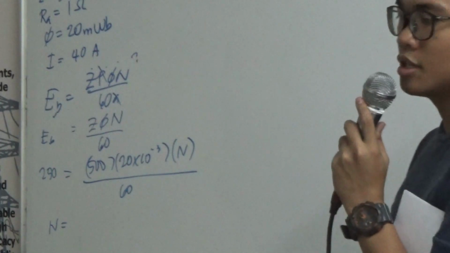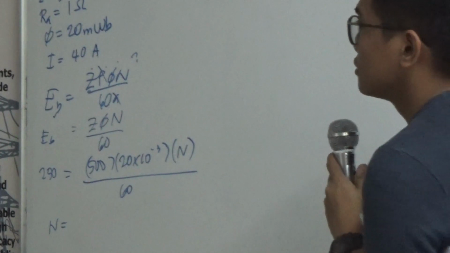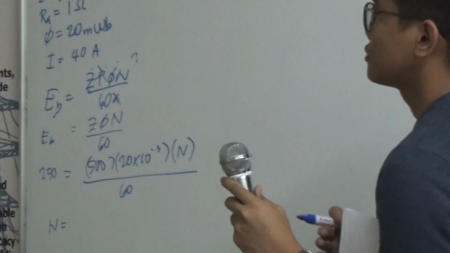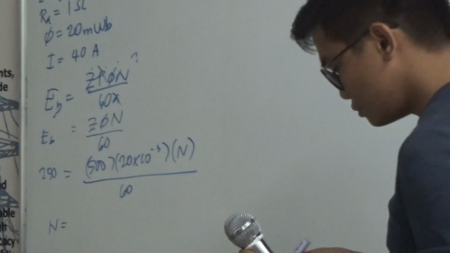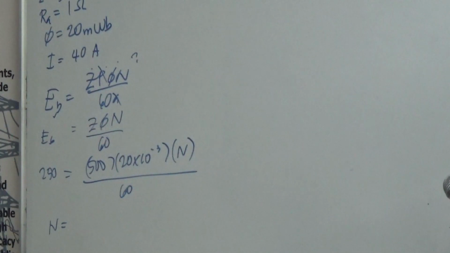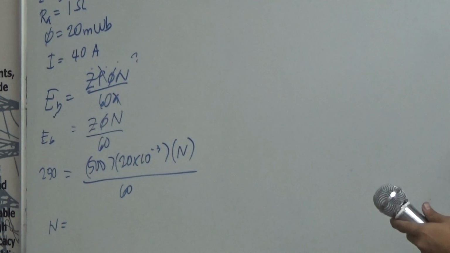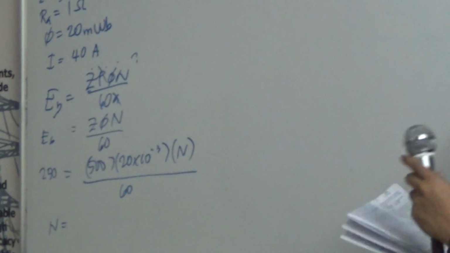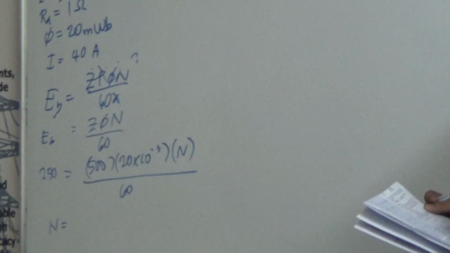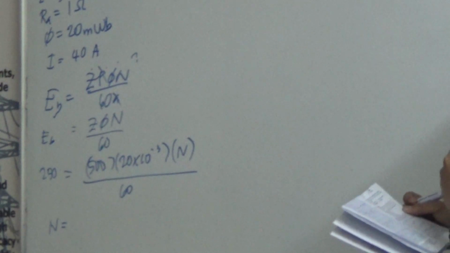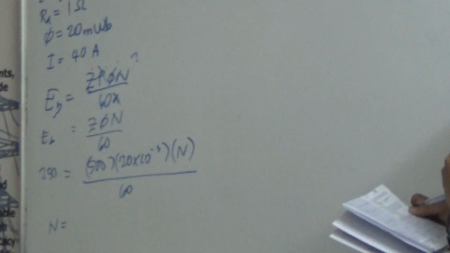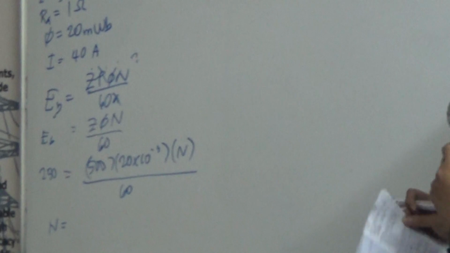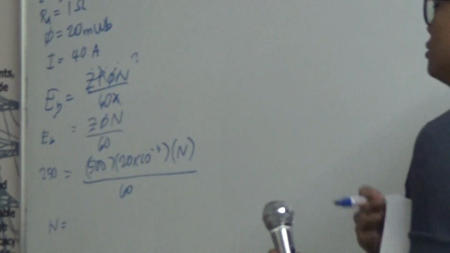900 or 1,260? Pero, sabi dito, supply mo is 250 volts. Tapos may resistance kang 1 ohm.